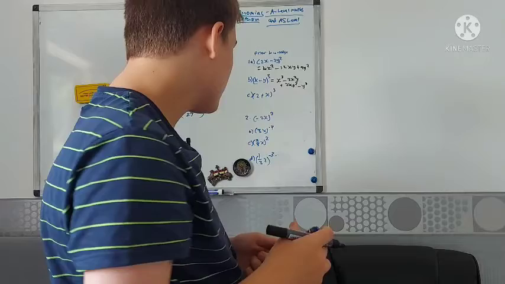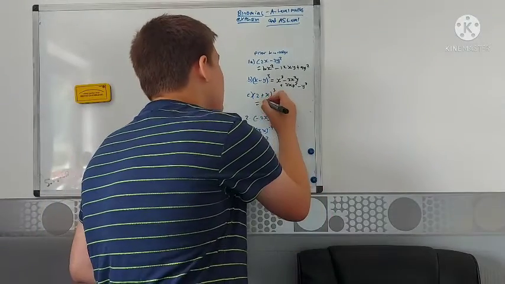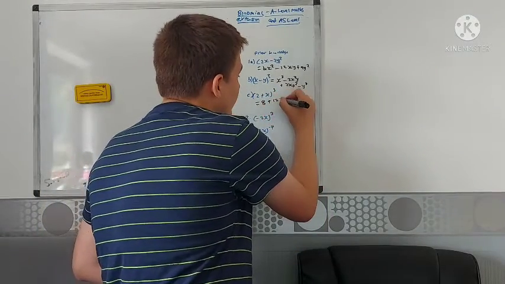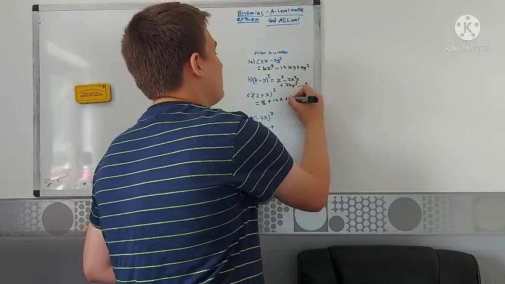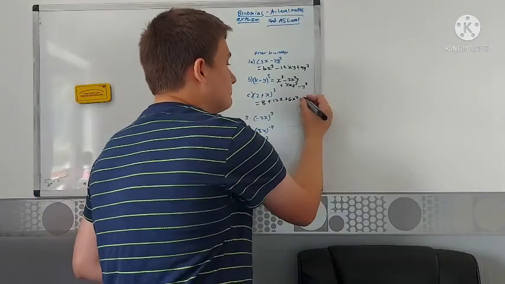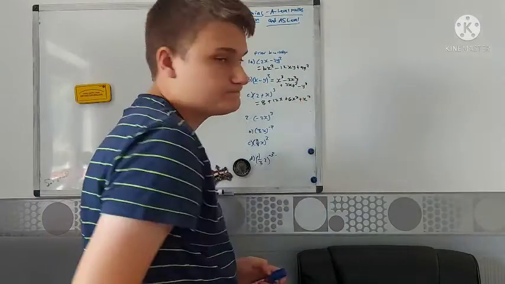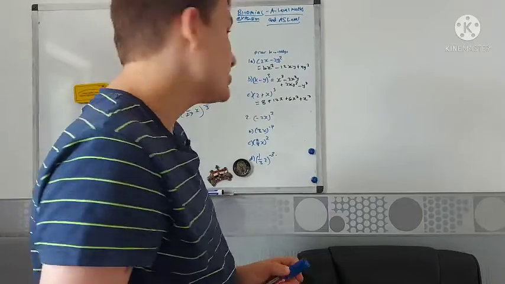For c, 2 plus x all cubed, you should get 8 plus 12x, plus 6x squared, and the last bit should be plus x cubed. So that's question 1, 1a, b and c.